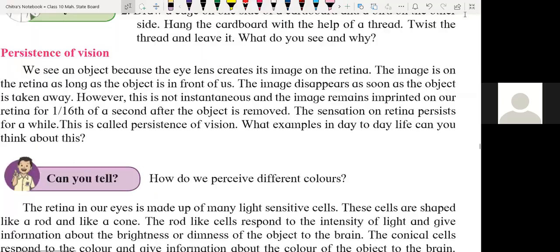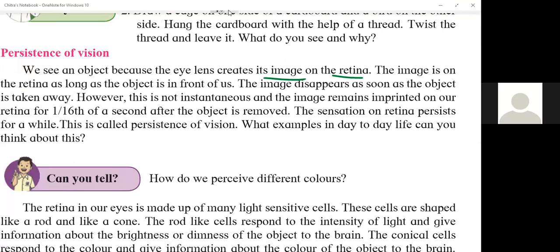So students, we are going to cover the persistence of vision first, and it is very important. We see an object because the eye lens creates its image on the retina.